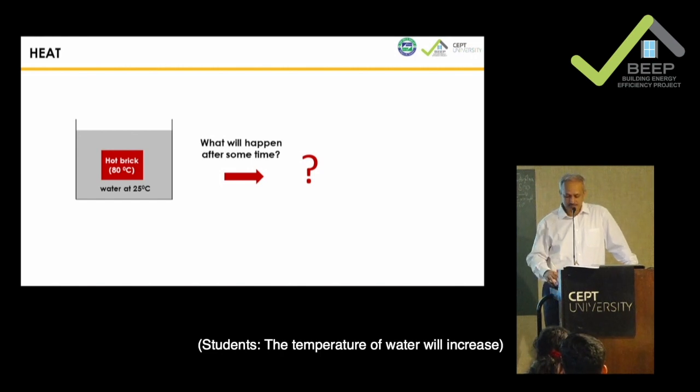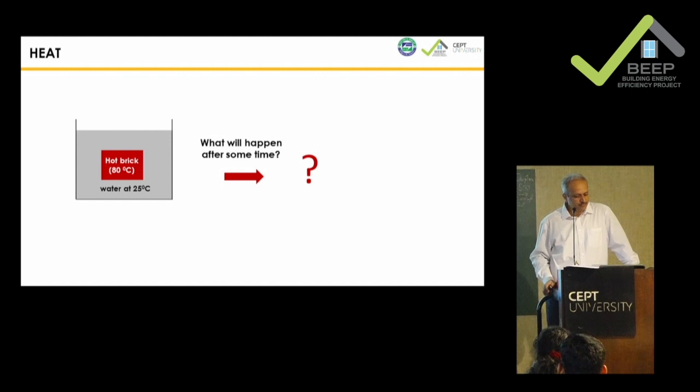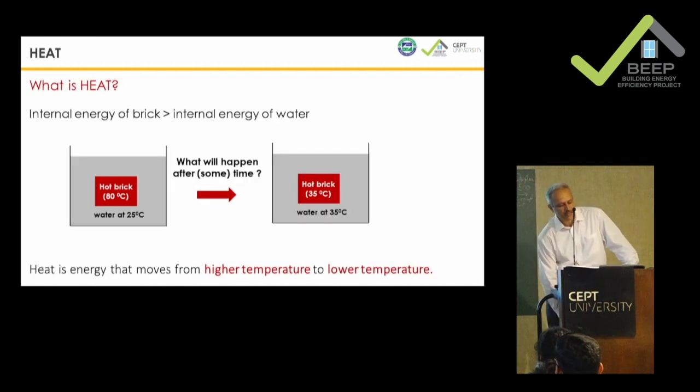What will happen to the water? Okay. How long will it take? Yes, that's fair. Basically, 80 degrees will try to become 25 degrees, and 25 degrees will try to become 80 degrees, and wherever this settles down, that will be the point. How long will it take?